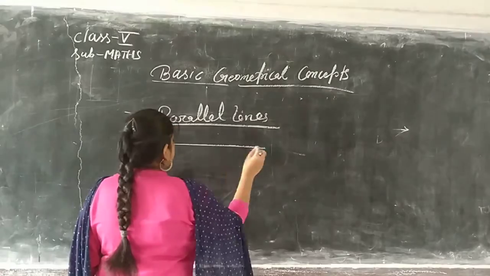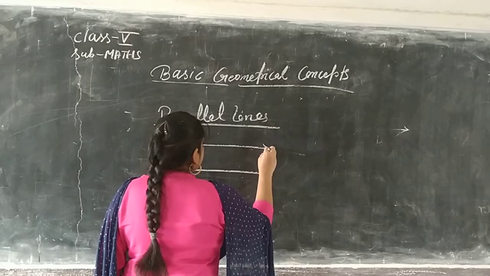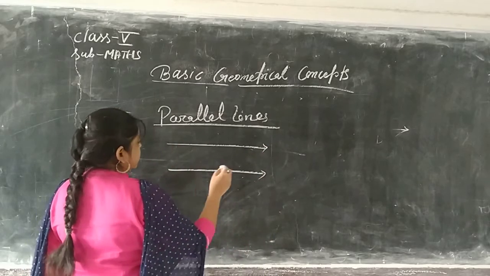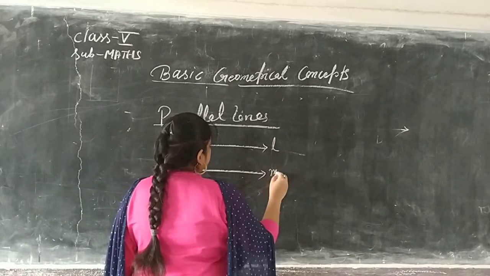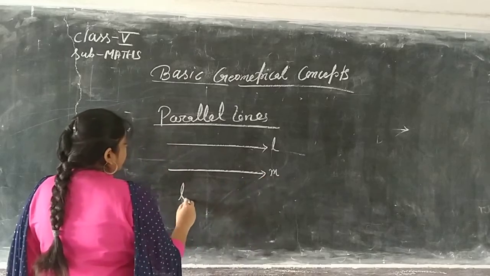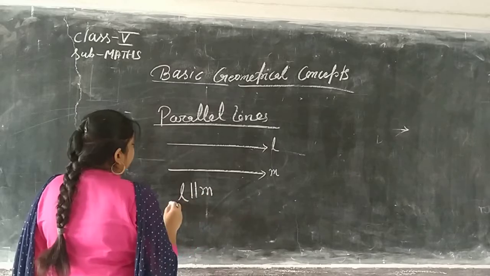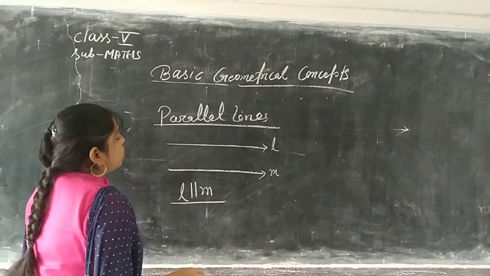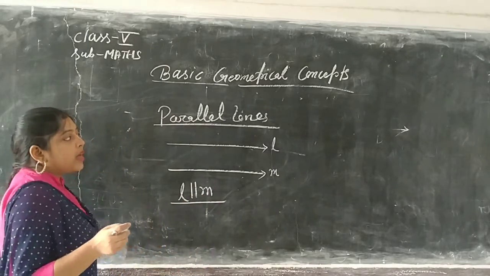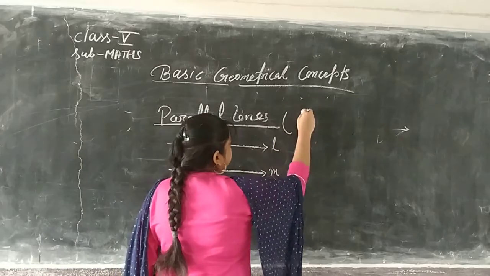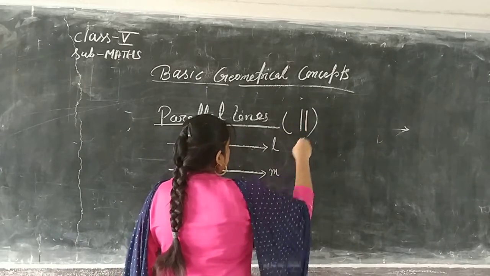They are represented, for example, as L and M. So the relation is L is parallel to M. And this is called the parallel line symbol.